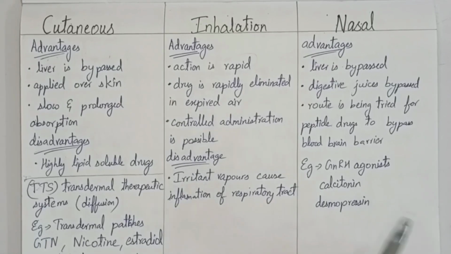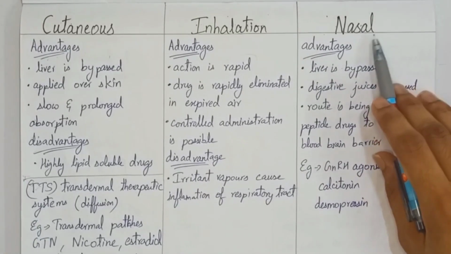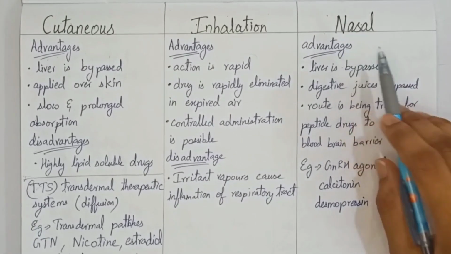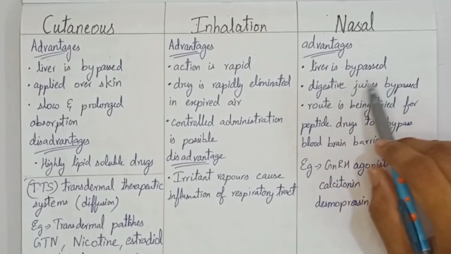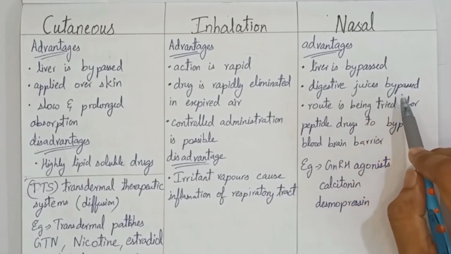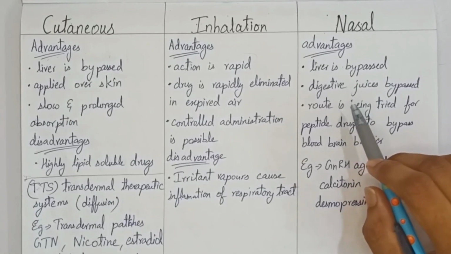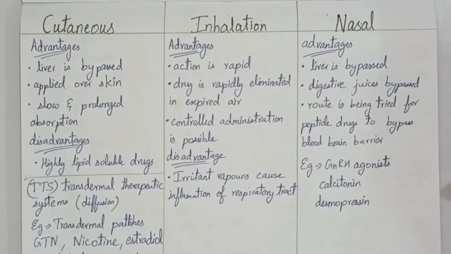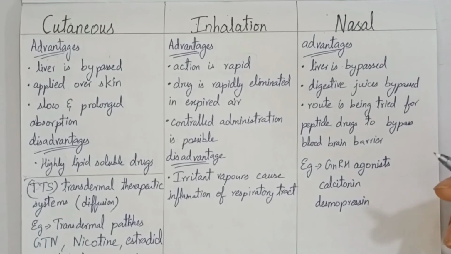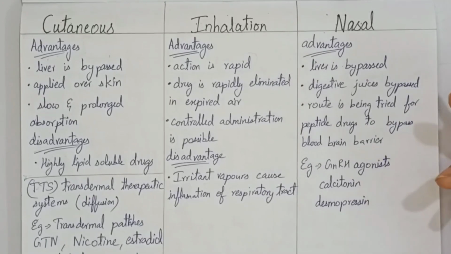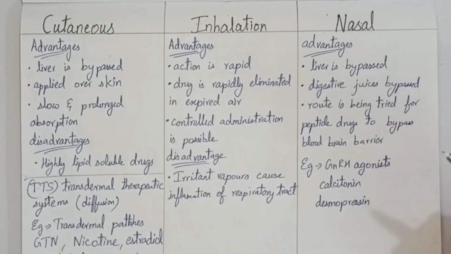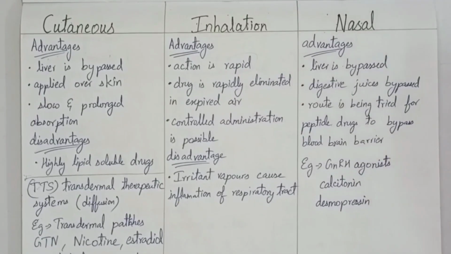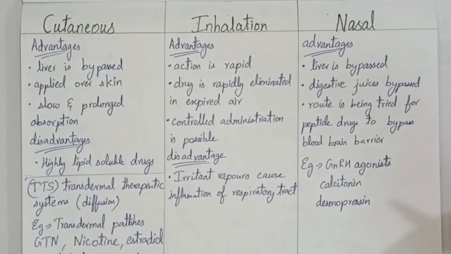The nasal route advantages are: the liver is bypassed and digestive juices are bypassed. When a drug is given by the oral route, it generally has to go through various digestive juices, then through the liver, then reach the systemic circulation where it gets absorbed by the organs.